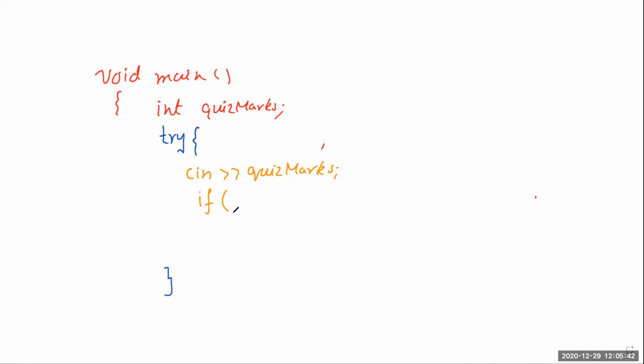Now what could be the error? The error could be that if the quiz marks are less than 0 or quiz marks are greater than 10, then this is an error. It means now the user has done something wrong. The user has entered an illegal value in this variable quiz marks, which we don't like.